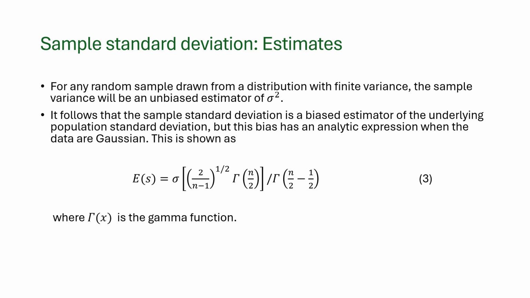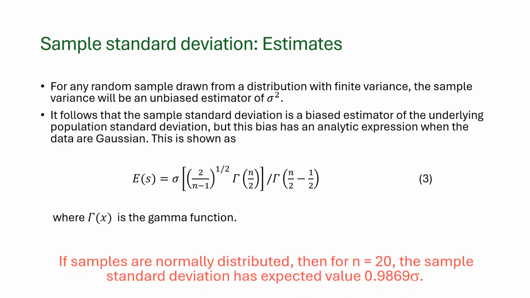Sample standard deviation estimates. For any random sample drawn from a distribution with finite variance, the sample variance will be an unbiased estimator of sigma square, and we can prove it theoretically. It also follows that the sample standard deviation is a biased estimator of the underlying population standard deviation, but the bias has an analytic expression when the data are Gaussian or normal. It's given in expression 3, and that involves a gamma function as well.